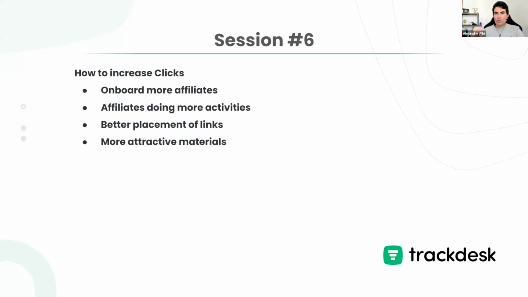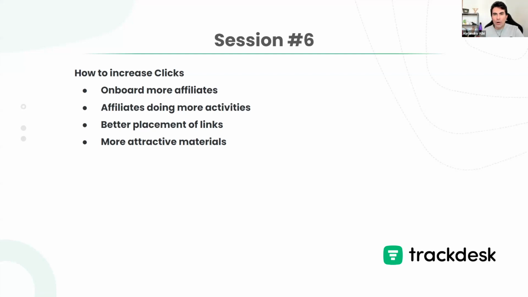So if you want to increase your clicks, pay attention to where you are potentially failing. If you have enough affiliates, then it's not about affiliates. If you have lots of affiliates and they're not generating enough clicks, ask yourself: are my affiliates good enough, or do they need to do different types of activities? And if they're doing activities and nobody's clicking, okay, where are your links? Show me, let's have a call together.